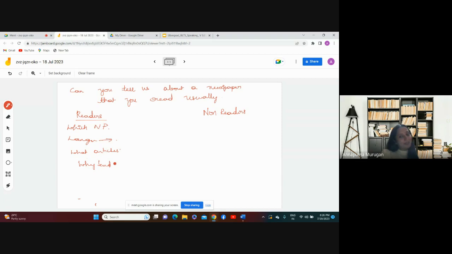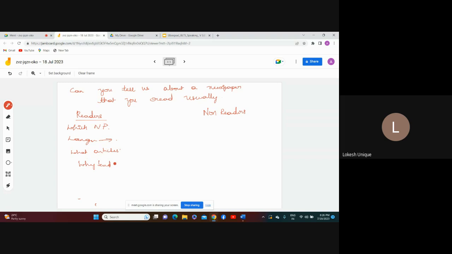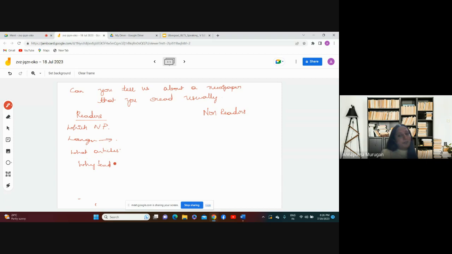Hence, I basically do not read newspapers, but however, see the twist, but however, I read news on my phone, as we have news editions presented in the phones, or there are apps which present the news.